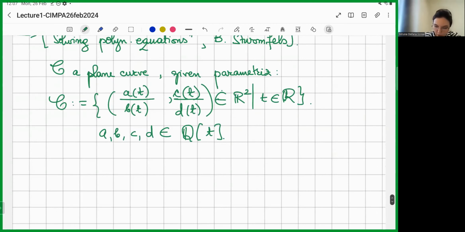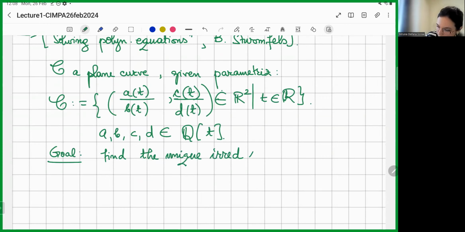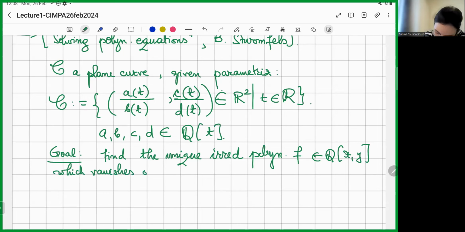So our goal is to find the unique irreducible polynomial f in two variables, with rational coefficients, which vanishes on our curve. And we will use in this example two methods.